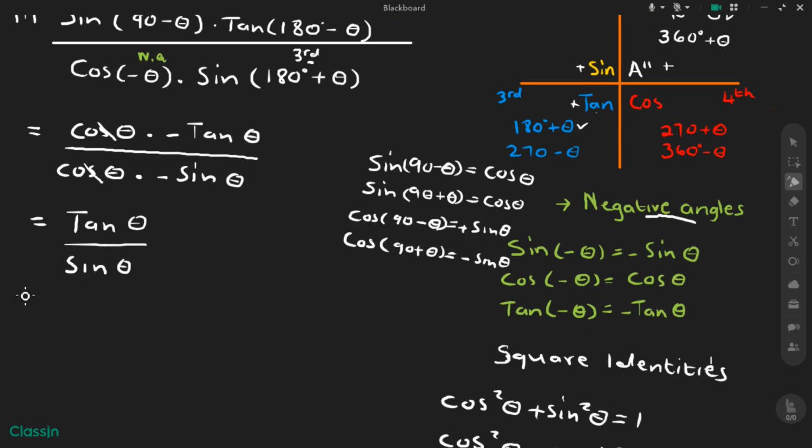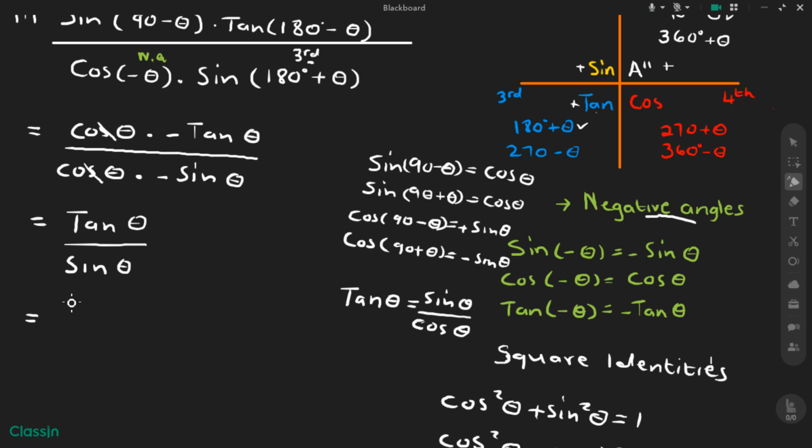Now, from there, we need to break down tan because they said we must simplify this to a single ratio. So, what is tan? Tan of an angle is the same as sine of that angle over cos of the angle.